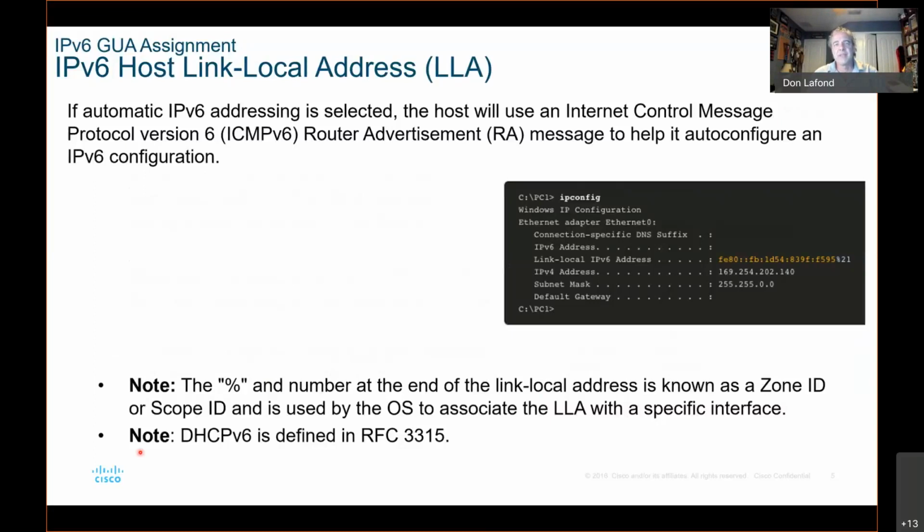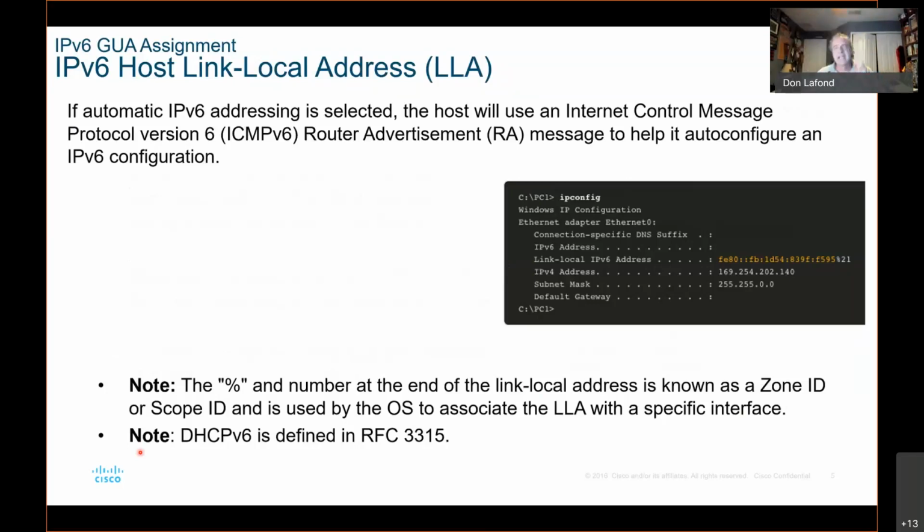Now, DHCPv6 is defined in RFC 3315, and I just want to add one more thing. Some of you are saying right now, well, heck, you got a link-local address there, an FE80 address. But remember, that link-local address is automatically created as soon as you connect a host to a network. That address can only communicate within the network.